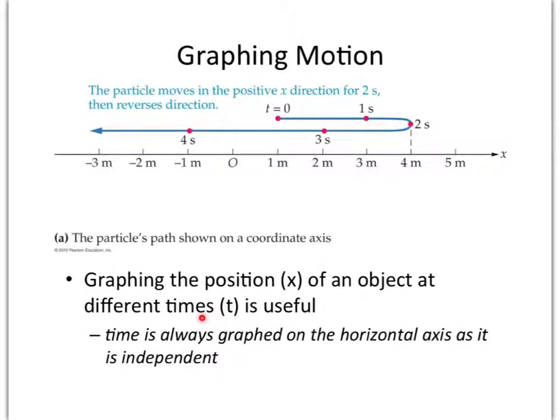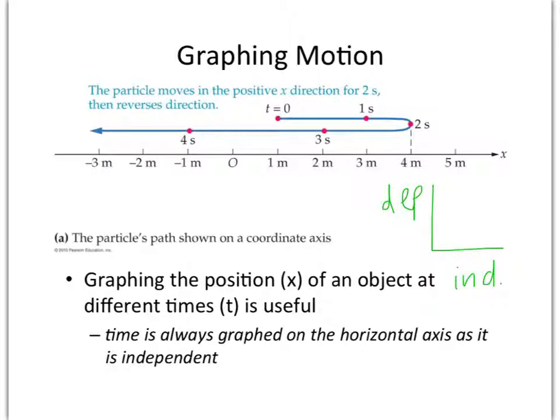Now remember, our x position, we're still talking about the horizontal position. That is, like, walking across the surface of the earth. However, time is always going to be graphed on the horizontal axis, because we always plot the dependent variable on the y-axis and the independent variable on the x-axis. Time is always independent. Time always marches forward no matter what.